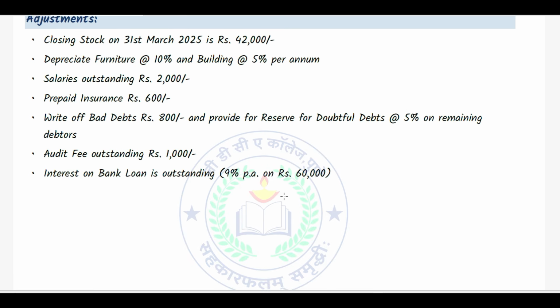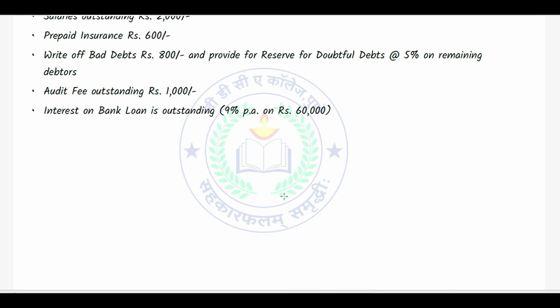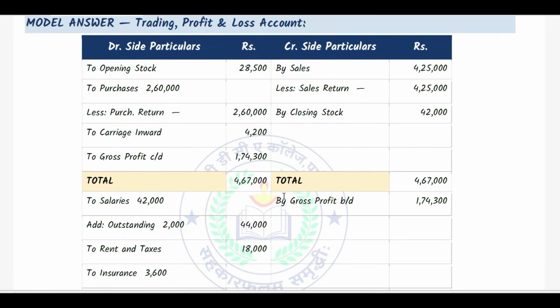So how will the model answer for this particular question be? We'll be making the trading and profit and loss account. Likewise, debit side, credit side, we have to make a column for the profit and loss account accordingly. On the debit side, opening stock was given, 28,500 rupees.